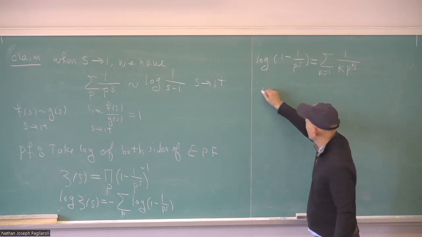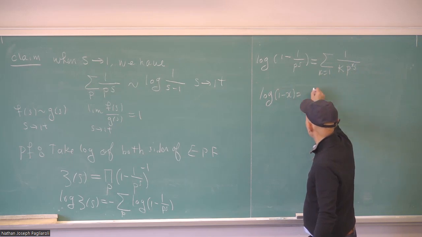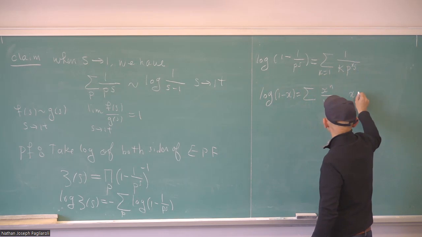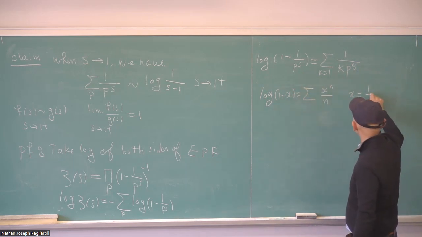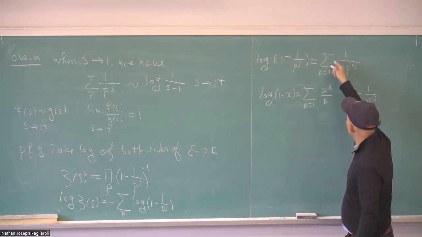See, I'm using this formula now: log of 1 minus x equals minus the sum of x to the n over n. And I'm just letting x be equal to 1 over p to the s. Now here I should say k maybe.